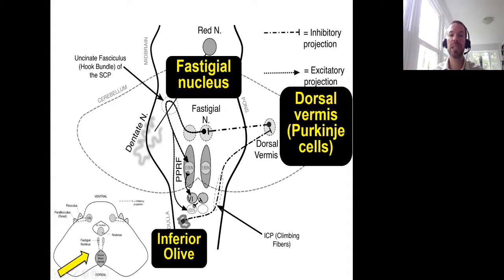The vestibular nucleus has excitatory signals, which it sends to the contralateral PPRF, paramedian pontine reticular formation, which is going to project then onto the 6 nuclei and indirectly via the inhibitory burst neurons onto the opposite side's 6 nuclei, so that we can have reciprocal innervation, that is, excitation of one side with simultaneous inhibition of the other side.